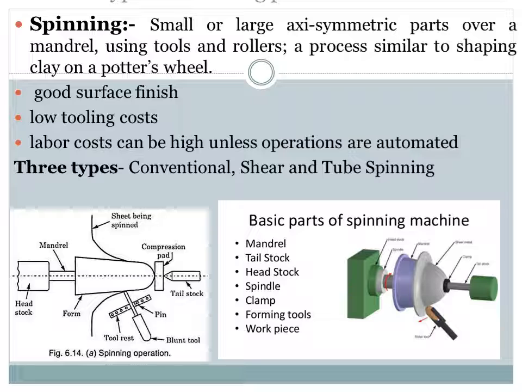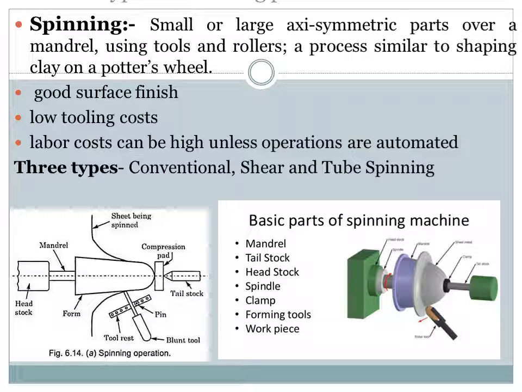The sheet metal which is to be made into the required shape is in the form of a disc and is placed between the mandrel and the compression pad on the tailstock. The operation is taking place when the machine is in the running condition.